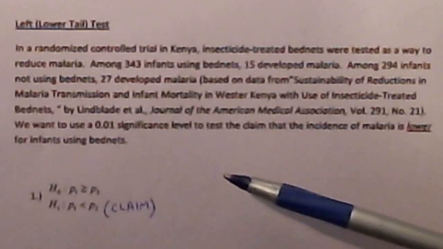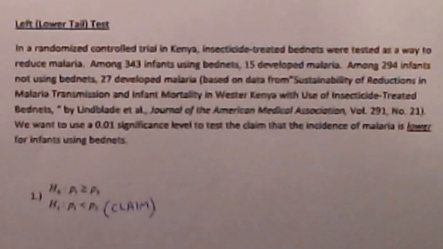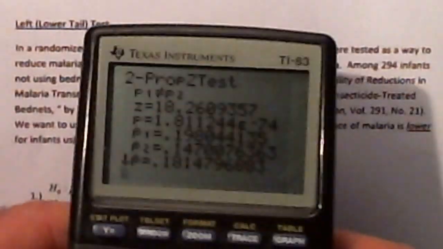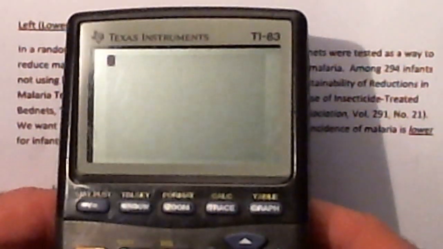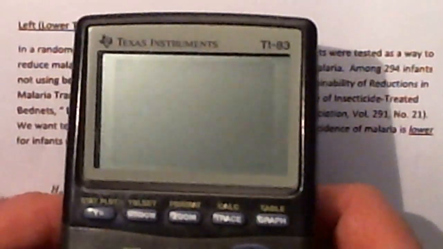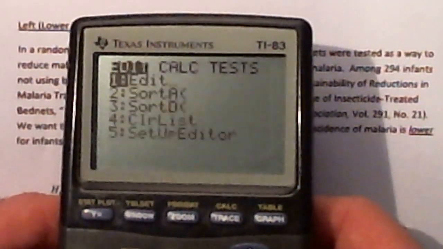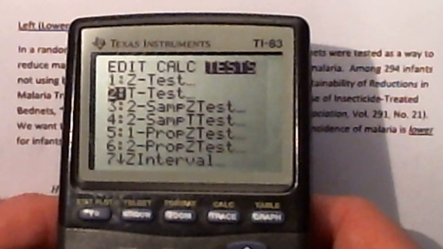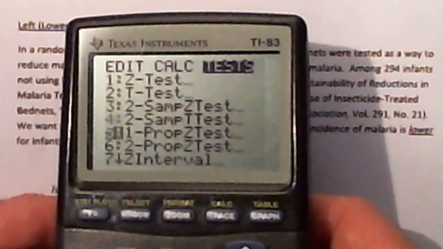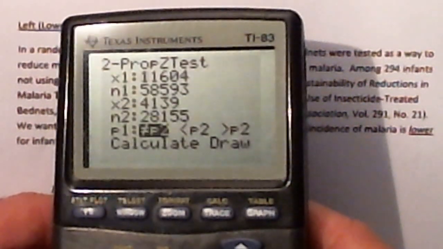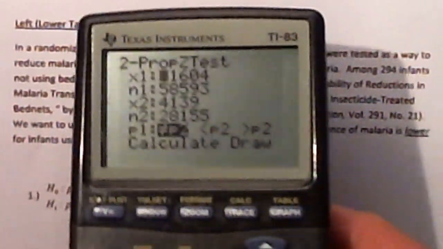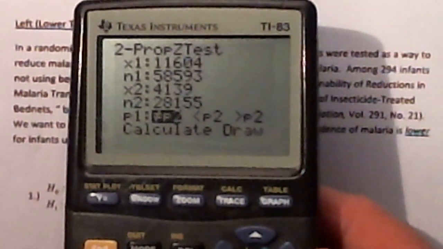So let's now do this test using our calculator. And of course, to do this test, we will use the 2prop-z test function. So again, hit your stat button, go over to tests, go down to the 2prop-z test function, hit enter. And now we need to type in our sample evidence.